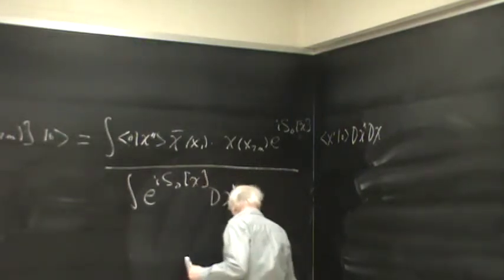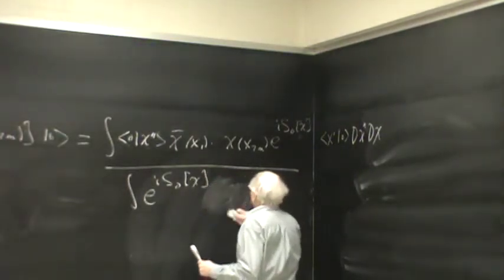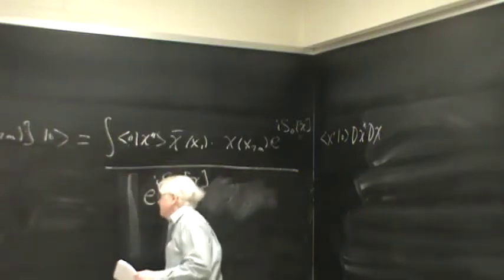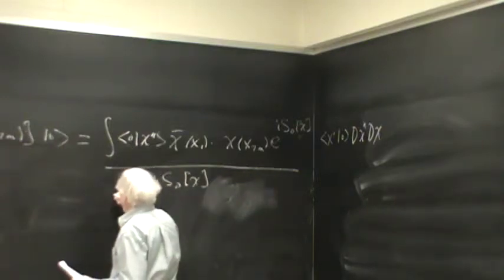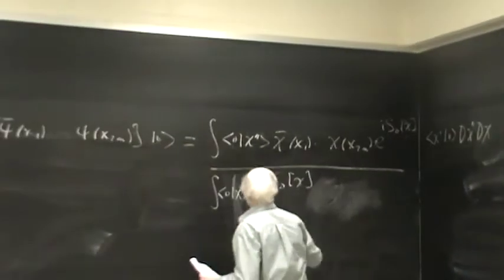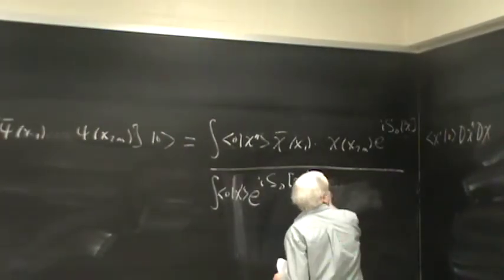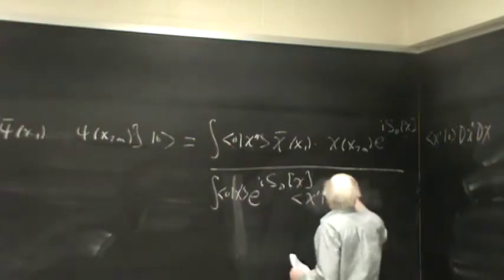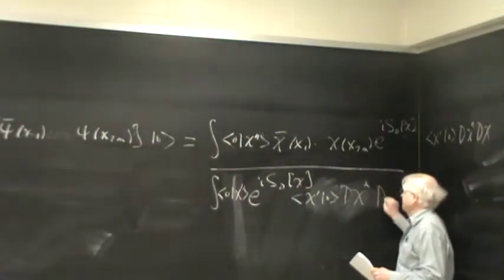And I've left out, hold on, I've left out two things. I have to put this in there. This would be 0 chi double prime, chi prime 0, and then d chi star.